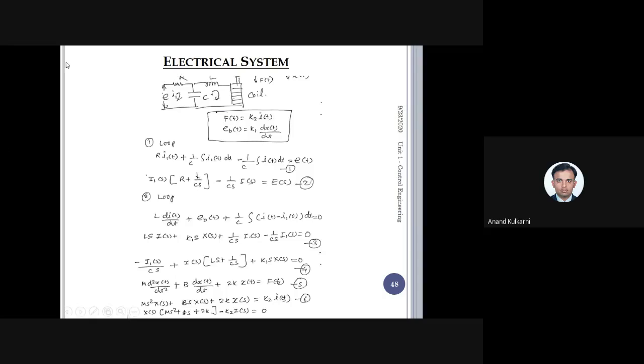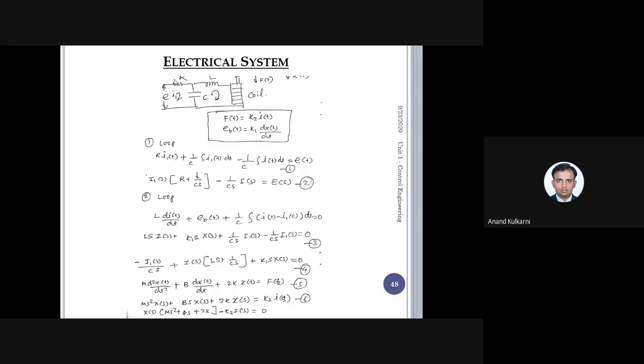Here R is the resistance, L is the inductance, C is the capacitor. So for the first loop, this is a closed loop, I will write the equation using Kirchhoff's voltage law or Kirchhoff's loop current method, which we have already discussed in the previous class.